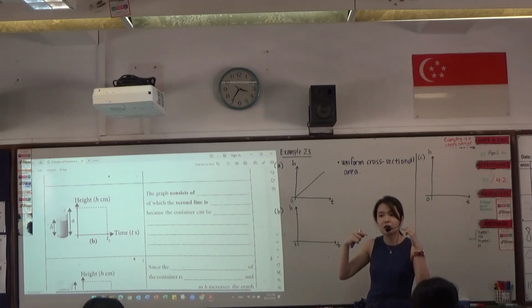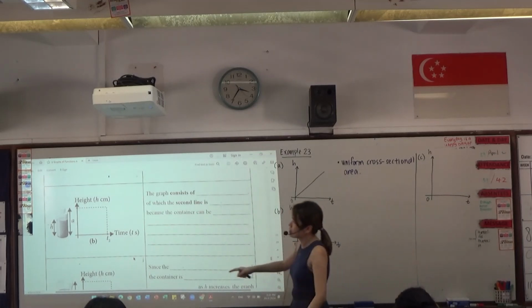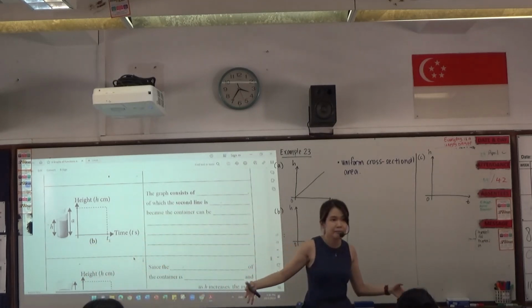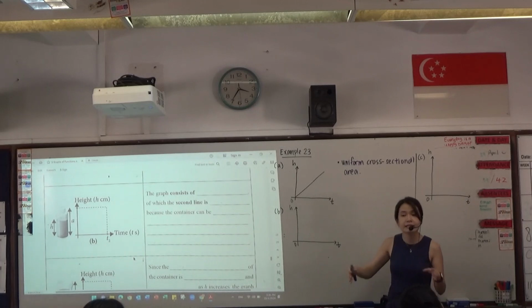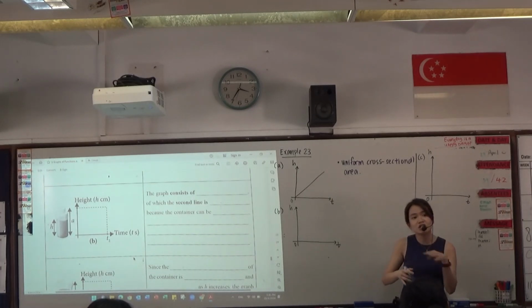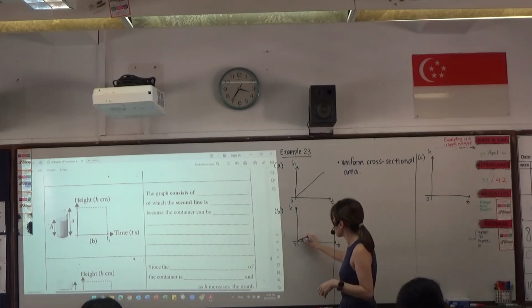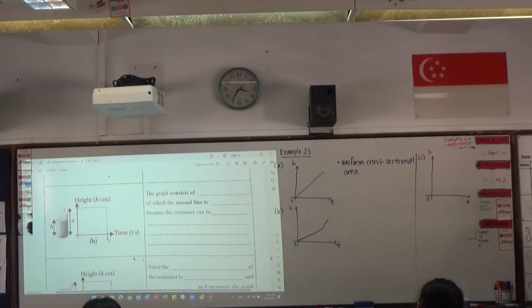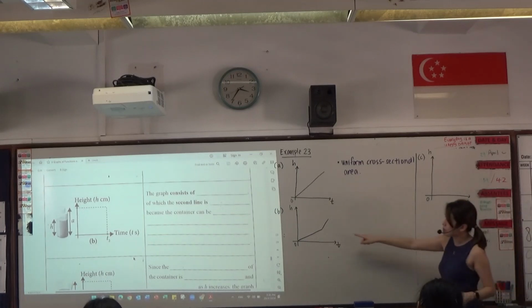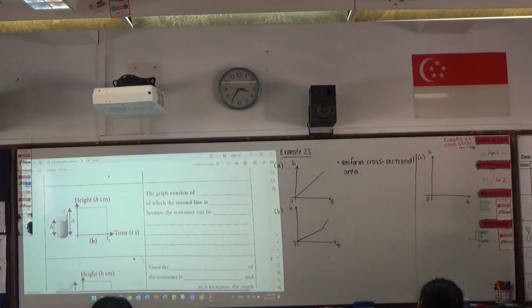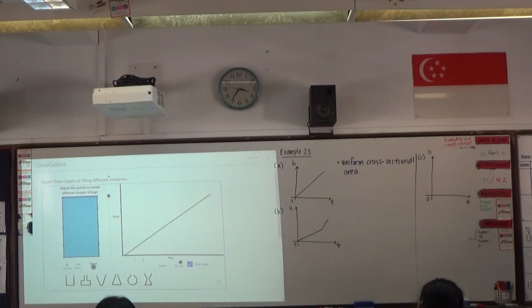So we go with the concept, recognizing that the bottom being wider, it should take more time. That means slower, and therefore your tangent or your straight line itself should actually be a gentler gradient. So we will be expecting something like that probably, whereby the first segment is for the bottom layer and then the next segment should be the top layer. So let's take a look at the animation here.